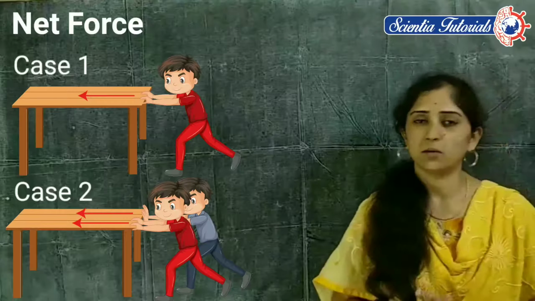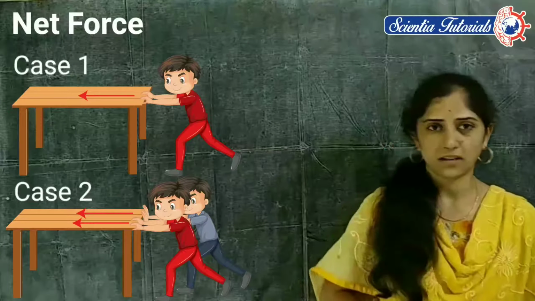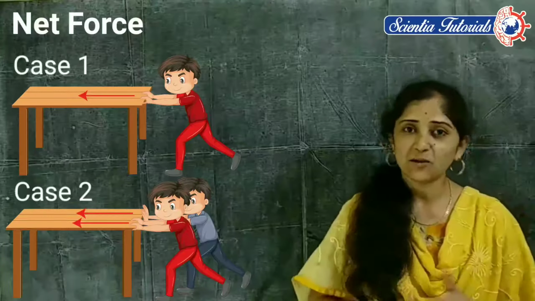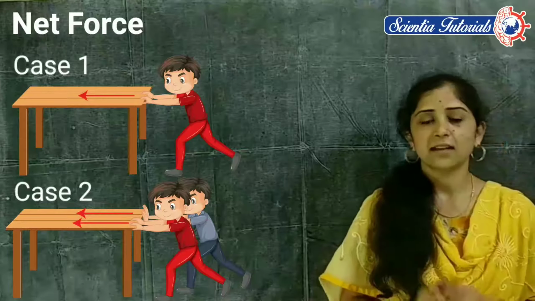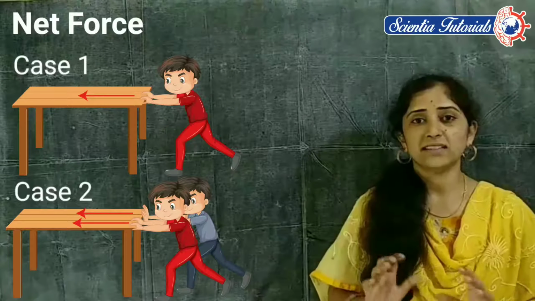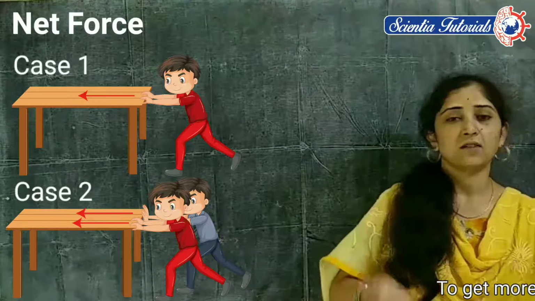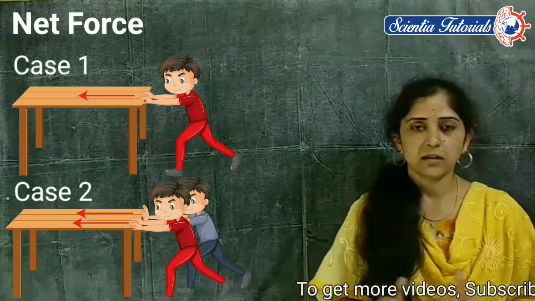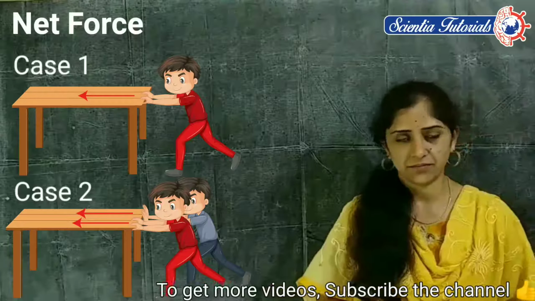In the first condition, only you applied the force on the table. In the second condition, your friend and you both applied force. It means the work is easier when one more person is added. More force means the work is easier.